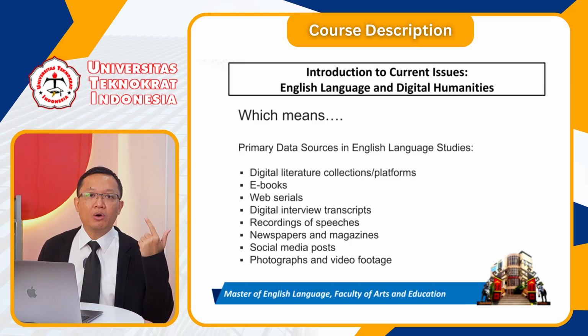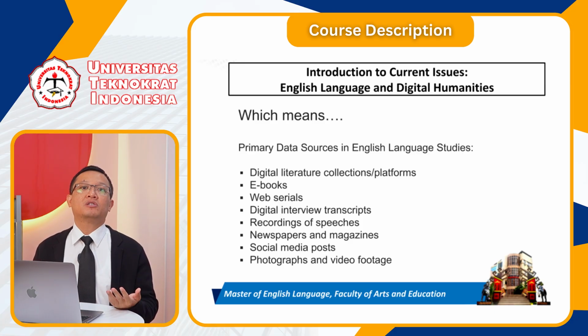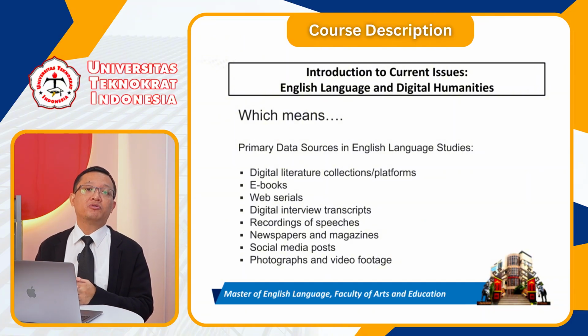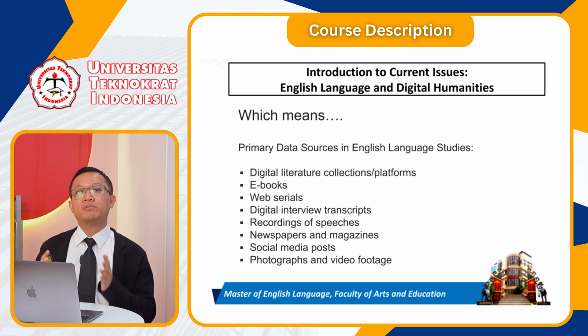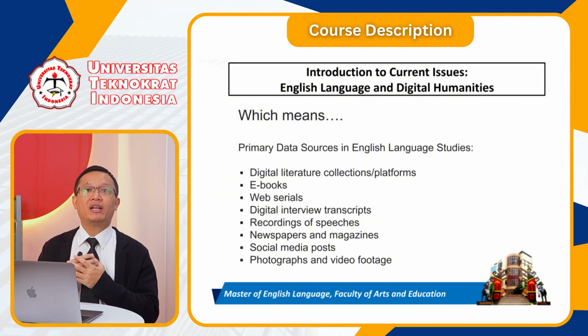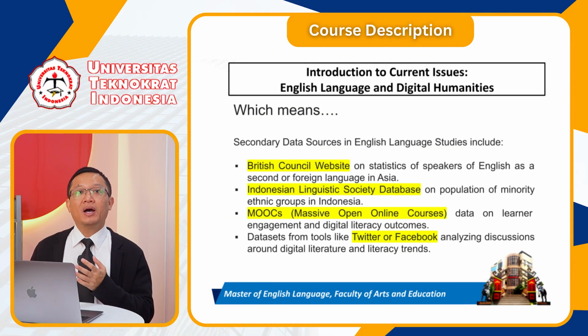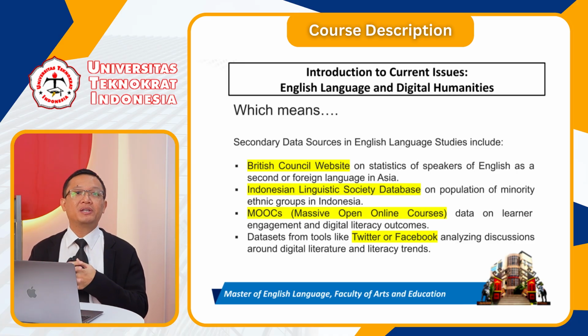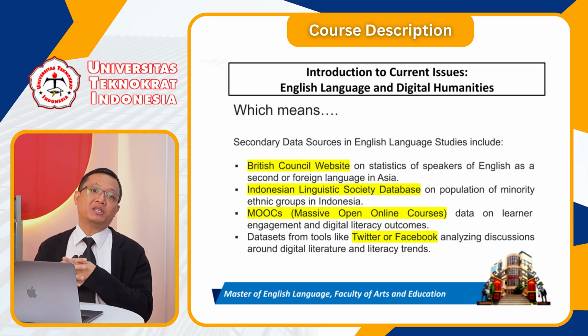Ebooks, web serials, digital interview transcripts, recordings of speeches, newspapers and magazines, social media, photographs and video footage. So these can be your primary data source in your study later on, or in my class later on. You can look at studies which are related to this. All right, which also means that, for example, you can use secondary data that was from primary data, all right?